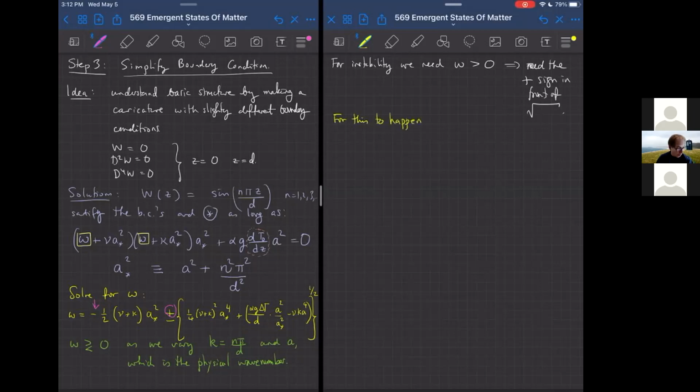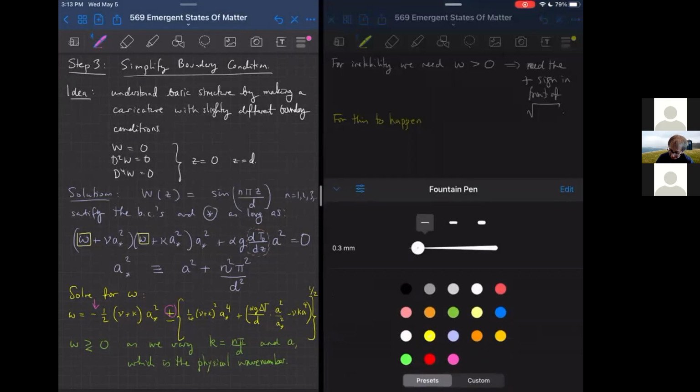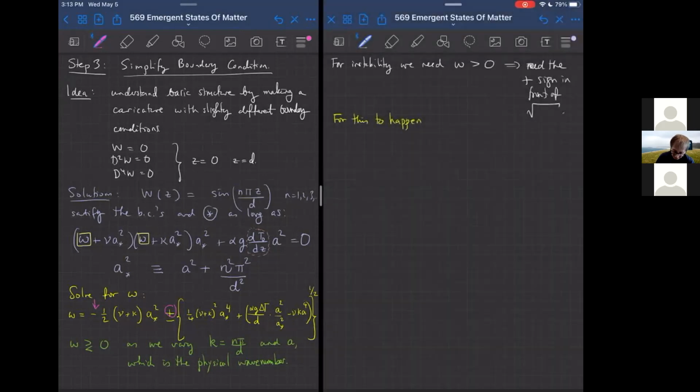So for this to happen, what we need is that what's inside that square root has to be greater than 0. So what that condition means is that I'm going to just write it down, and then you'll see where it comes from.